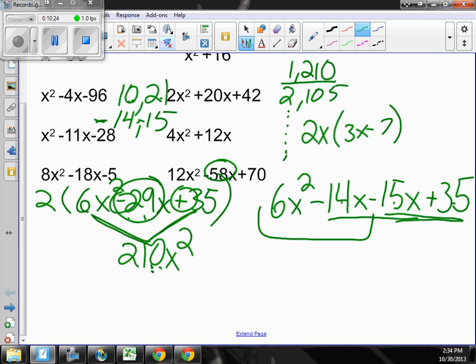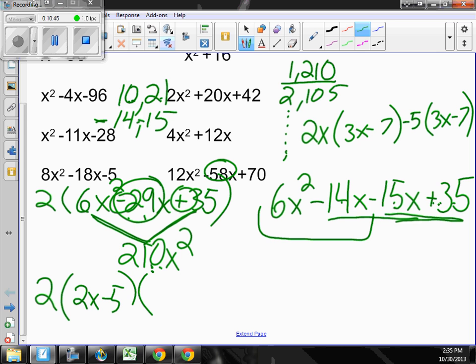So these signs need to flip. So I'll pull out a negative 5. And I get 3x minus 7. So my factors are 2 times 2x minus 5 times 3x minus 7.